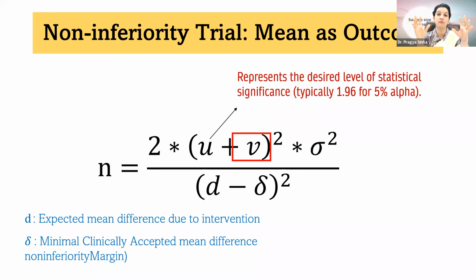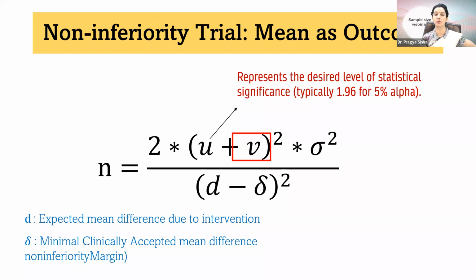If you plan to increase the power, say you want a power of 90%, then the value of U changes to 1.28. You can refer to the statistical table, where these values keep on changing.